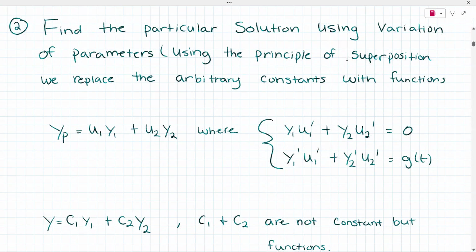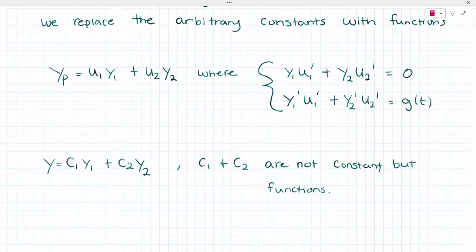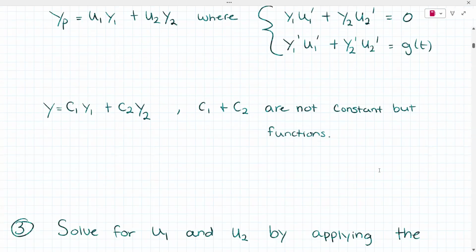And we set it up as y1 times u1 prime plus y2 times u2 prime, set that to 0, and then the other one would be y1 prime times u1 prime plus y2 prime times u2 prime equals g. So you have y equals c1 times y1 plus c2 y2, where c1 and c2 are not constants but functions.